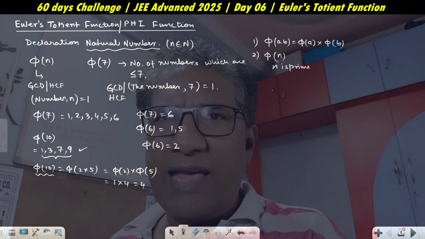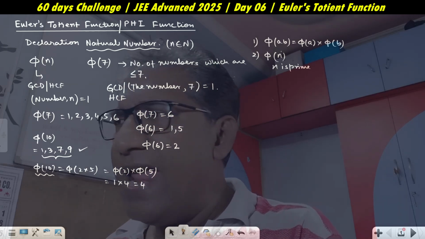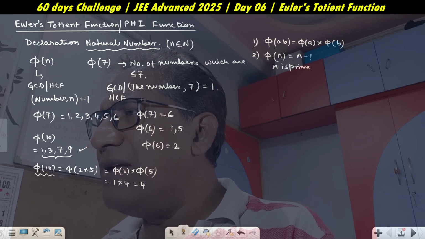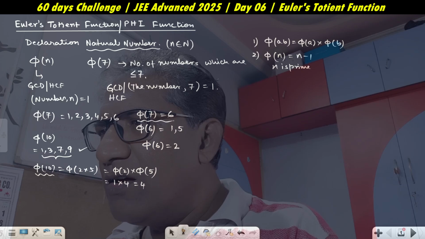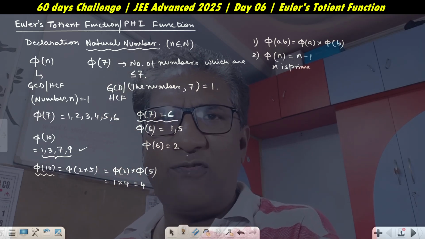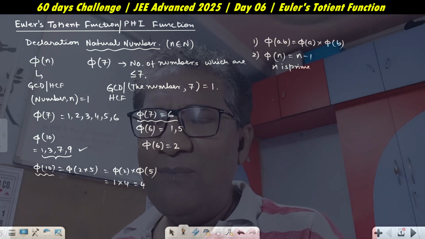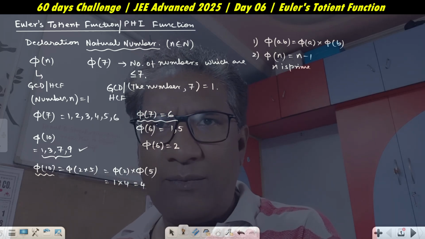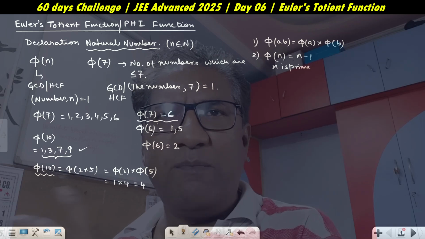If n is prime, then the Totient function of n will be nothing but n minus 1. Like, what is phi 7? It is 6, because 1, 2, 3, 4, 5, 6. So there are 6 numbers. But 7 is a prime number. So phi of 7 or any prime number is equal to that prime minus 1.